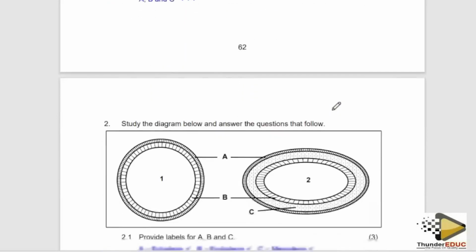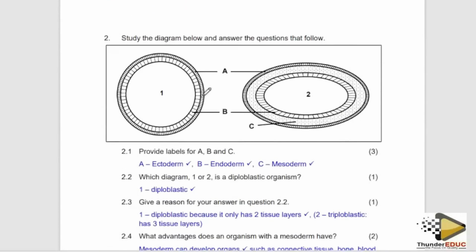The next question is, when we come to the classification of animals, we love this. Sometimes I tell students what you're supposed to look at.